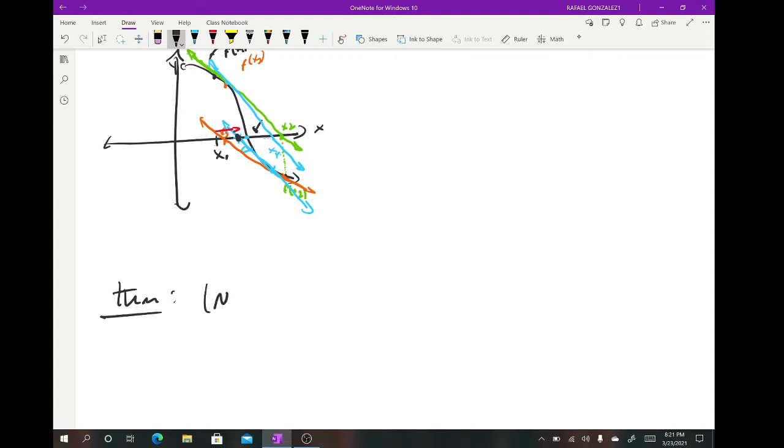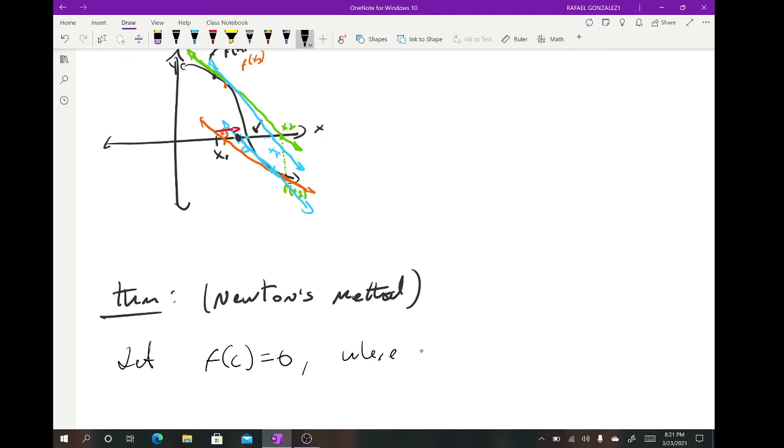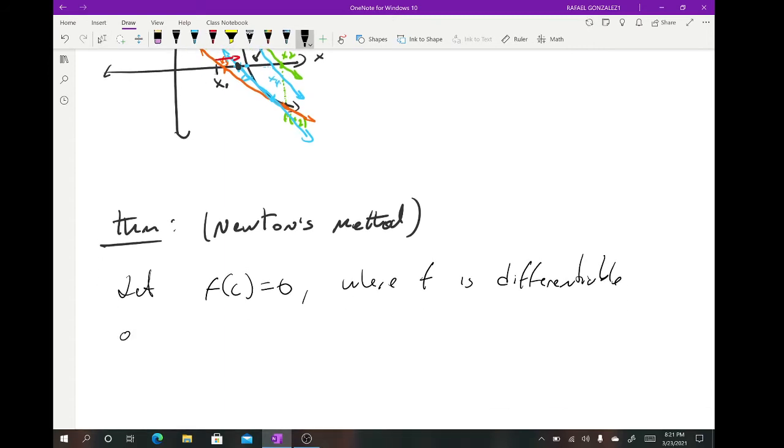So this is again Newton's method. Alright, so first of all, let f of c be equal to 0, where f is differentiable on an open interval containing c.